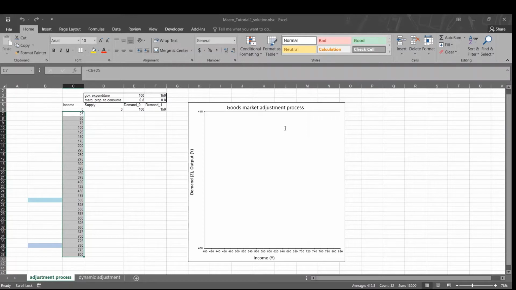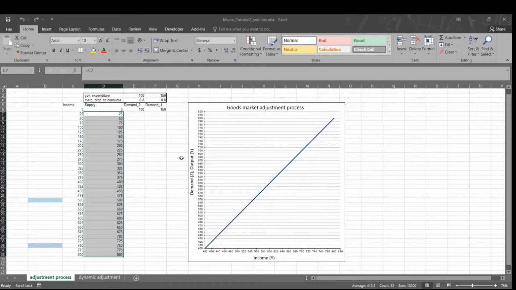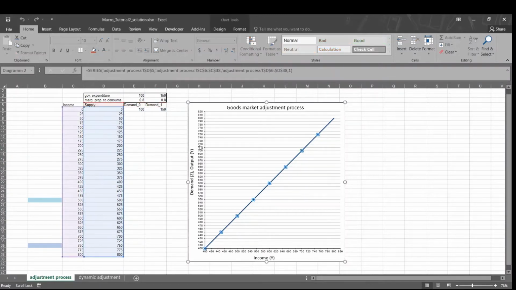We would again apply the same formula to our supply, and we would reach a curve which represents a 45-degree line, where we say we are in equilibrium, which indicates demand is equal to supply.